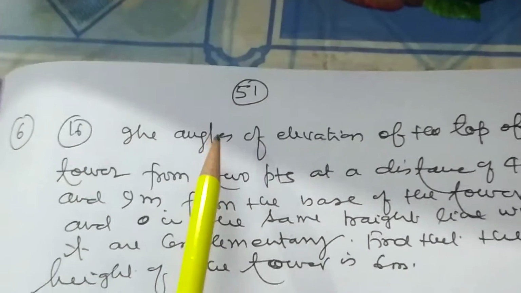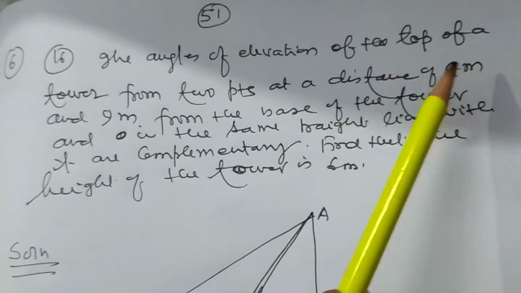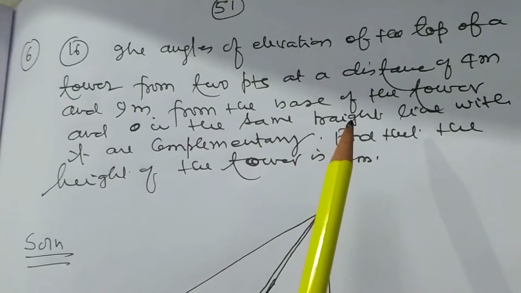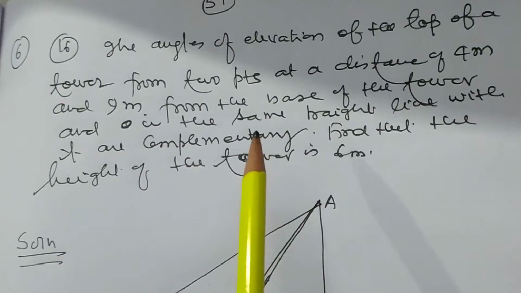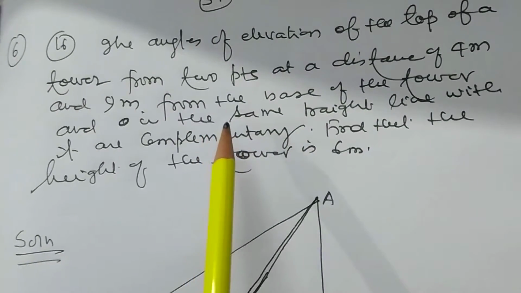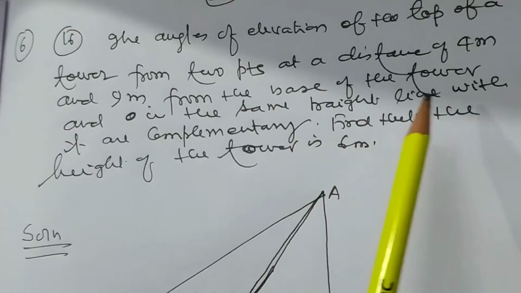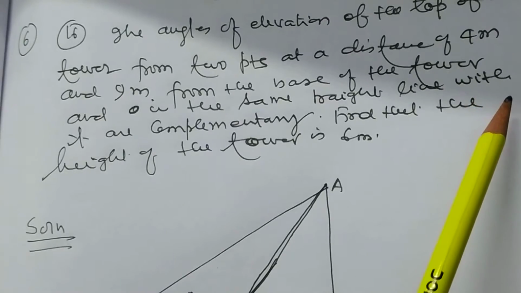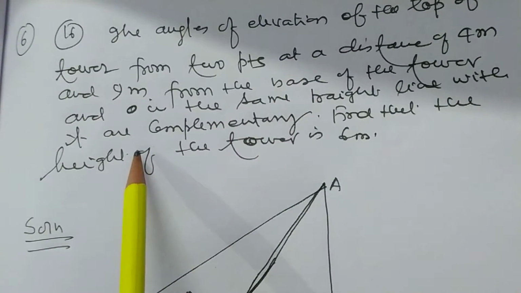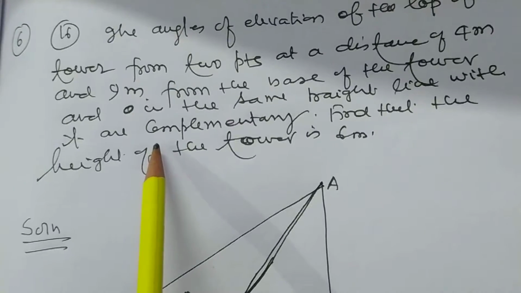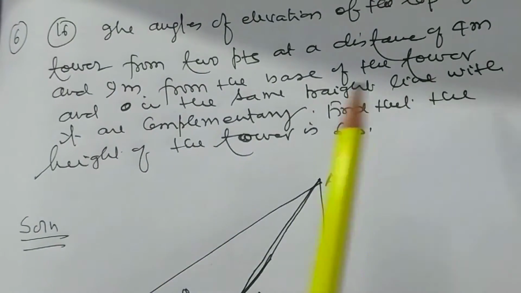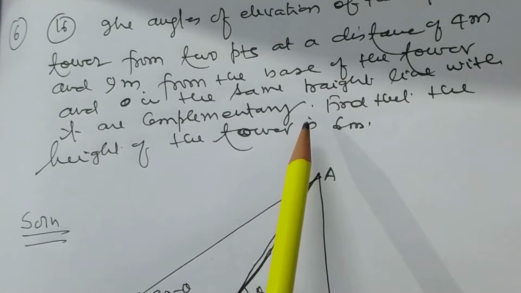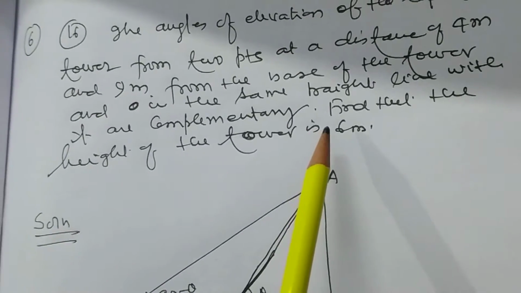My dear student, the angle of elevation of the top of a tower from 2 points at a distance of 4 meter and 9 meter from the base of the tower, and in the same straight line, with an angle of complementary.